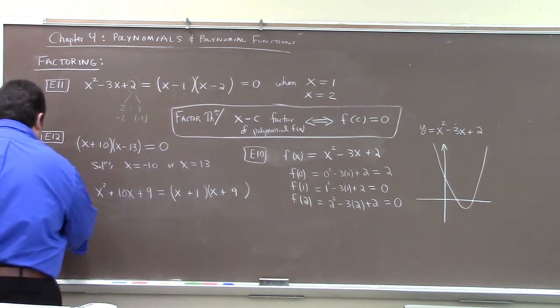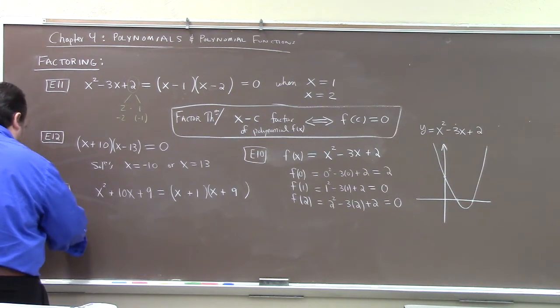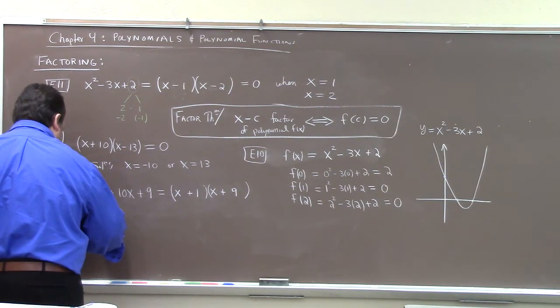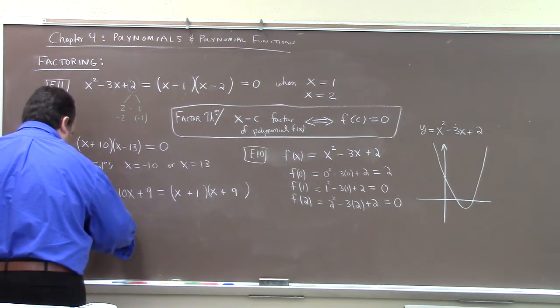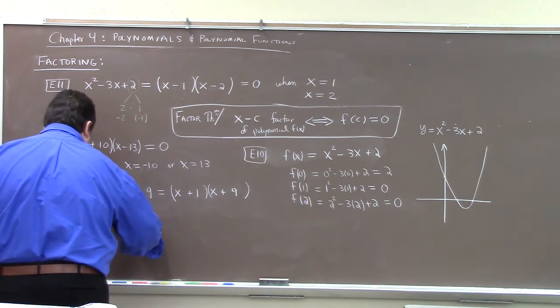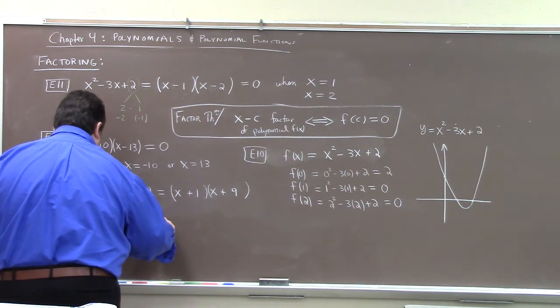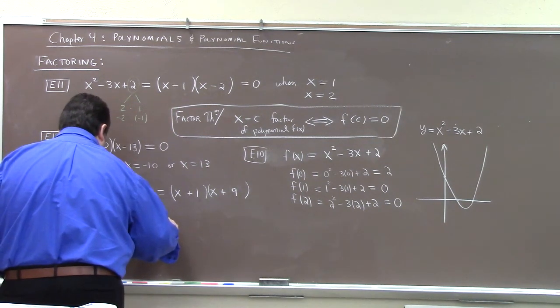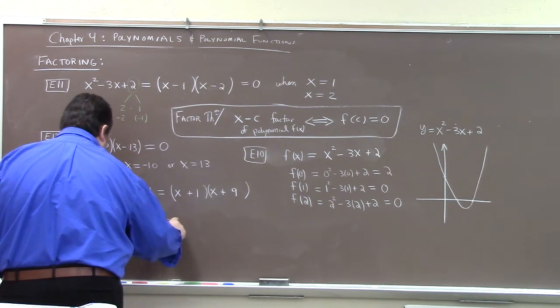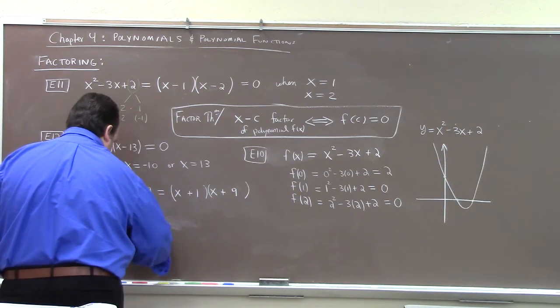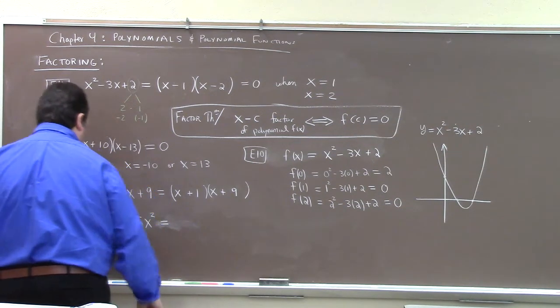Final example for today, a little bit different. Suppose you had 10x cubed plus 5x squared, just like that, and you want to factor this.